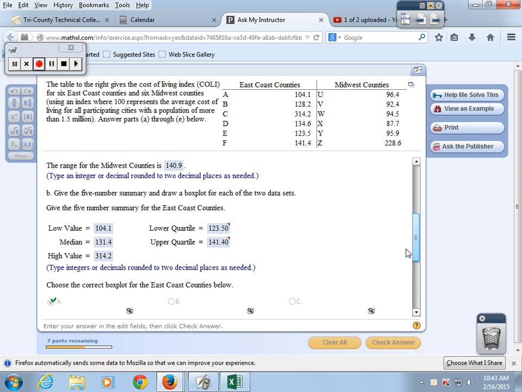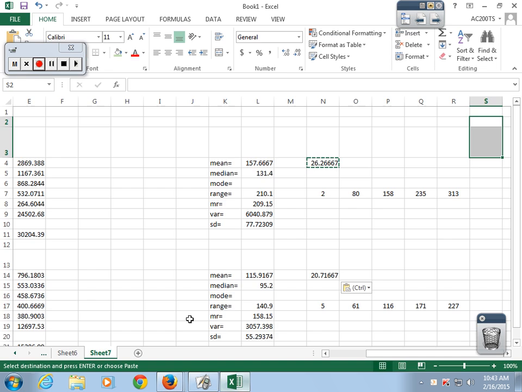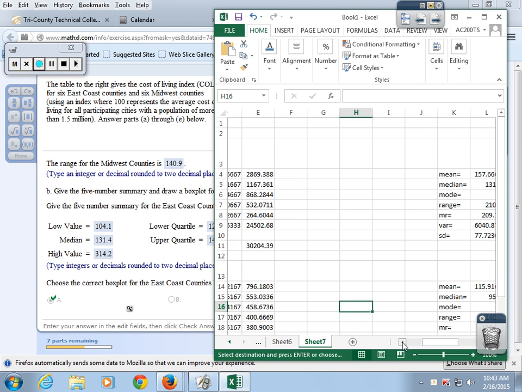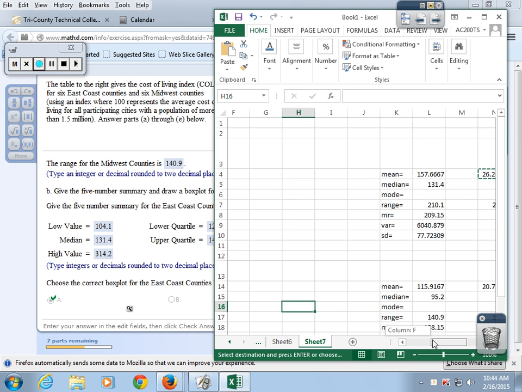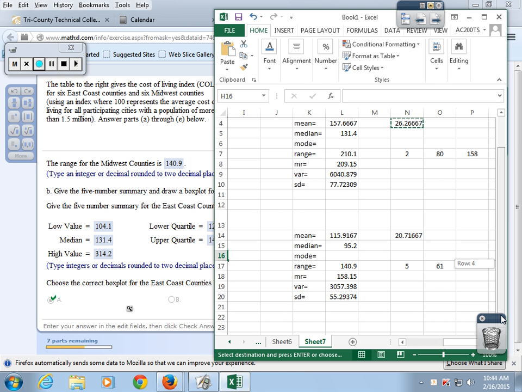That's so ridiculous. Now you know why I don't use the book. The range for the second batch is 140.